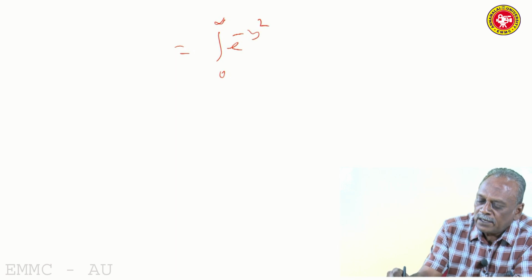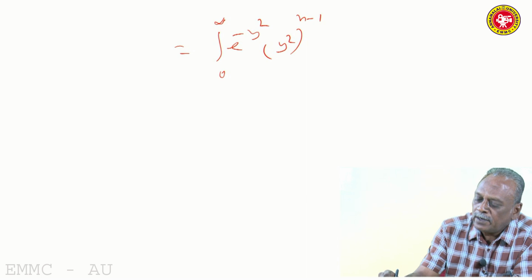That is equal to integral 0 to infinity e power minus y square into y square whole power n minus 1 into 2y dy.